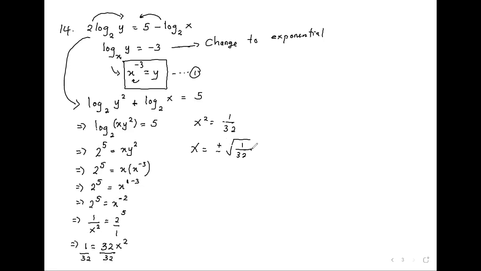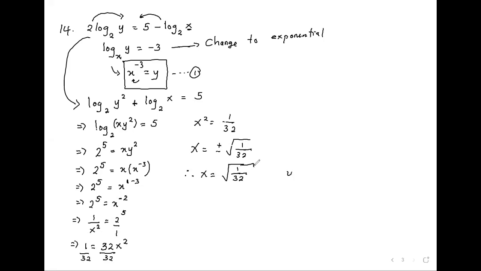But because of the x in the log, you can't place a negative there. So the only solution that we're going to adopt here for x is the square root of 1 over 32. This number is simplifiable, but I can leave it just like that.